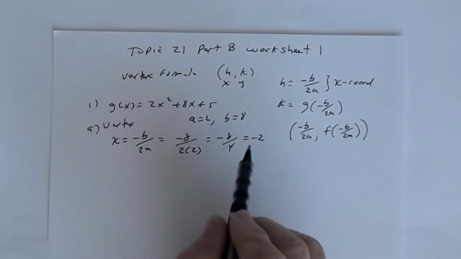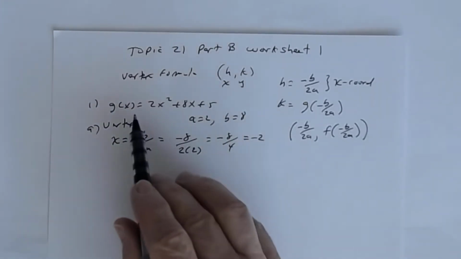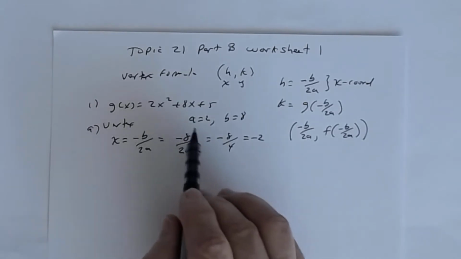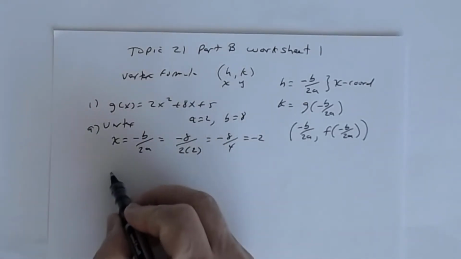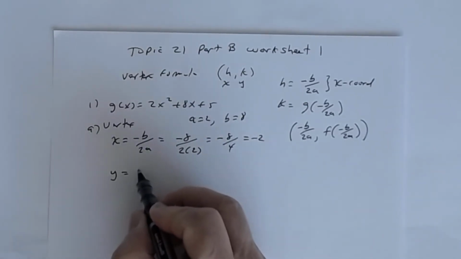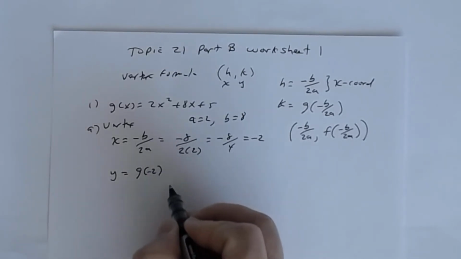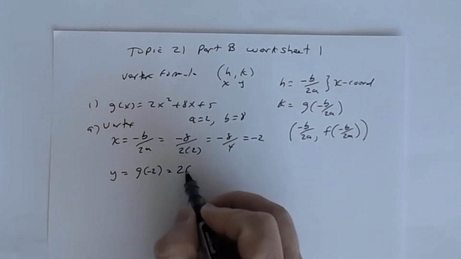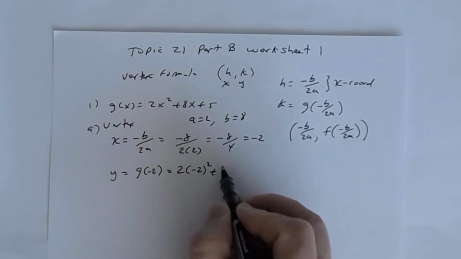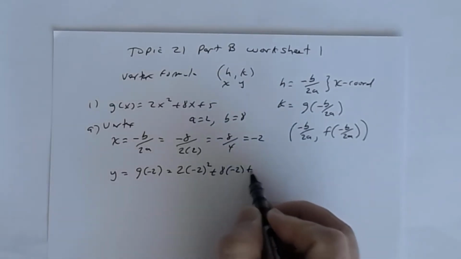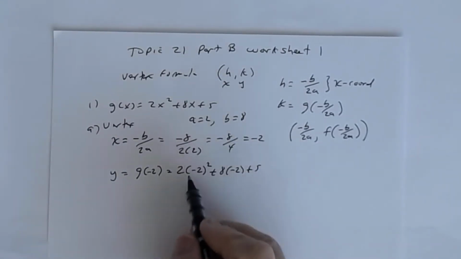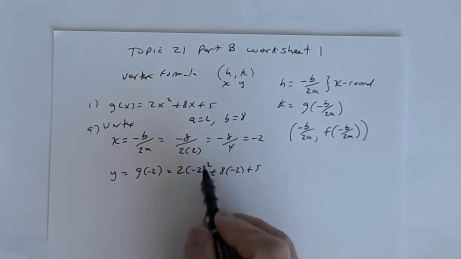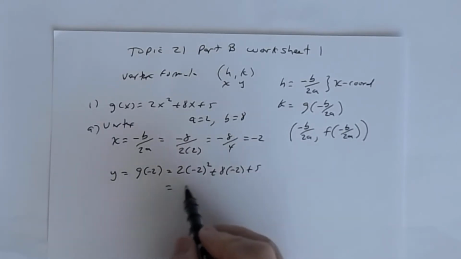Now to find the y-coordinate, remember, once you find x, you just go back to your function, and wherever you see the variable x, you substitute negative 2. So the y-coordinate would be g of negative 2. That becomes 2 times negative 2 squared plus 8 times negative 2 plus 5. Using the order of operations, negative 2 times itself is 4. 4 times 2 is 8.